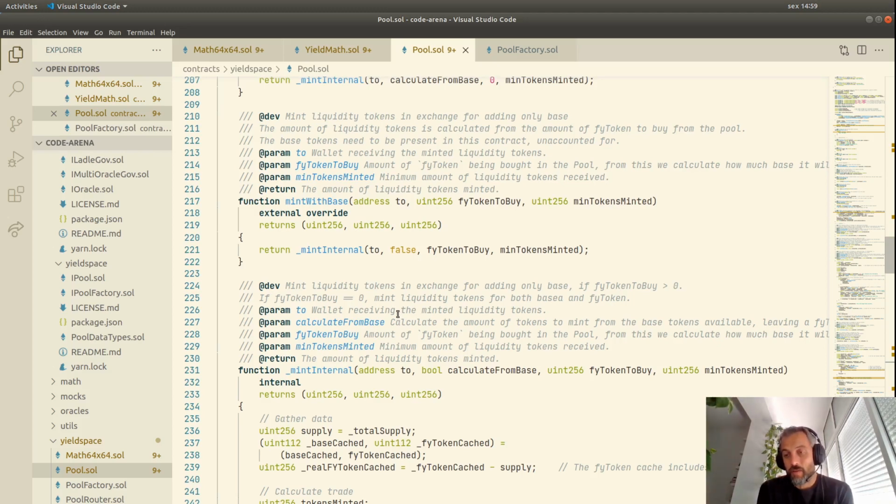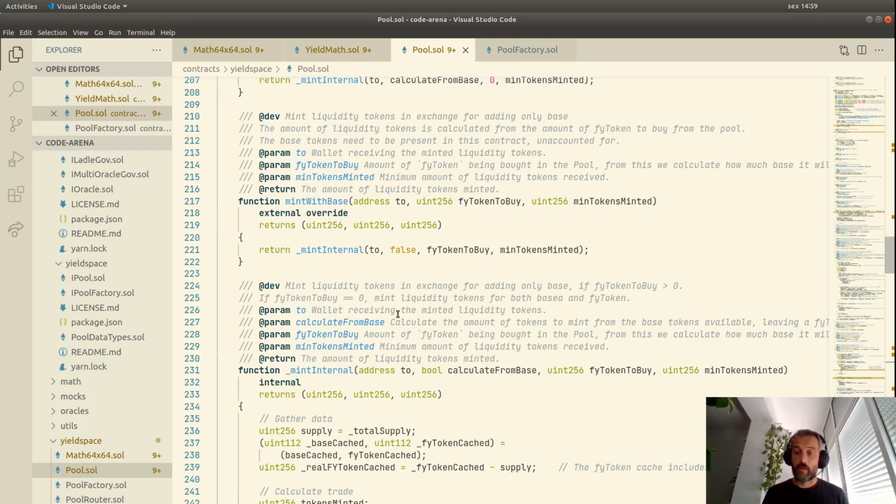Basically because it calls the YieldMath library that is more complicated than a simple multiplication, and also because we have added this feature of being able to add liquidity with any of the tokens in the pool, and to remove liquidity and receive only underlying. We didn't implement removing liquidity and receiving only fyToken because we didn't see the need for that. That's YieldSpace. It's very complicated in the math. It's not so complicated in the sense of pathways.